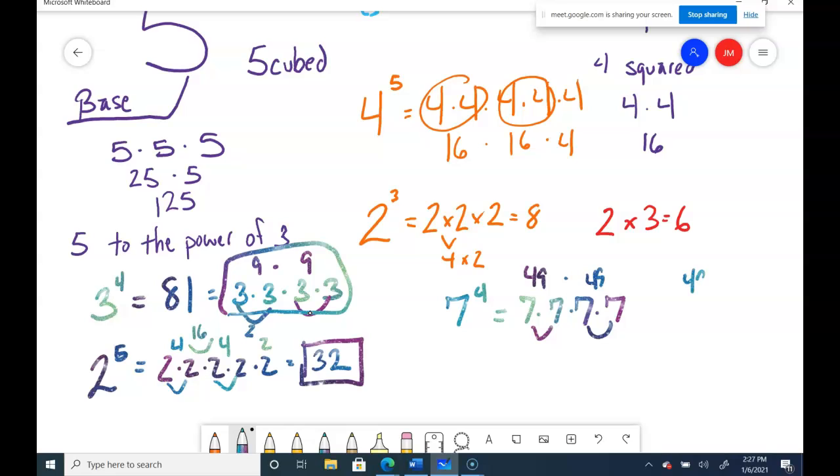No. So that's going to equal 2,401 if my math is right, which I think it is. So these can get really big really fast. Do we have any questions so far?